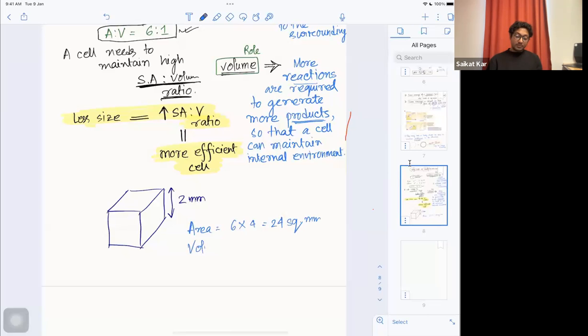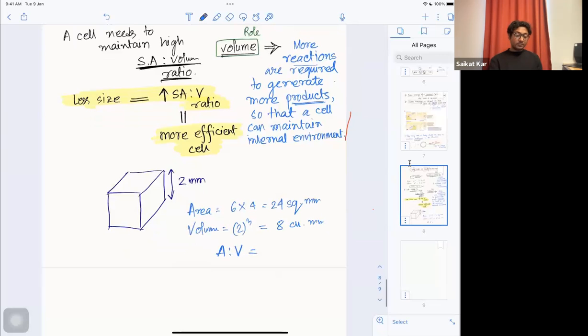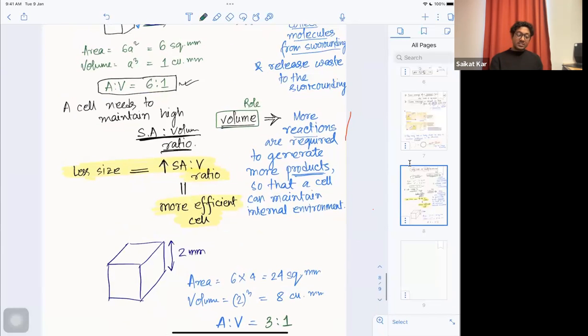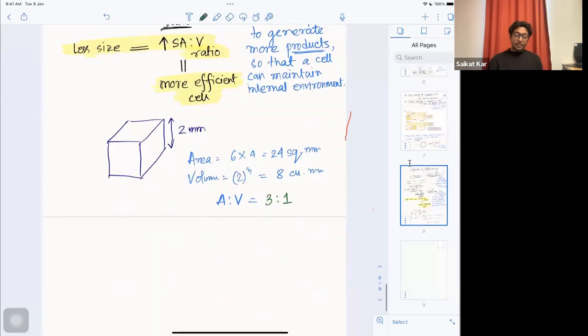And volume becomes how much? 8. Now what is the area to volume ratio? 3:1. You can see it was 6:1 when the size was 1 millimeter. Now with just 2 millimeter size, area to volume decreases significantly.